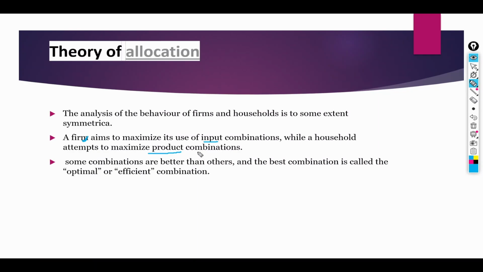Okay, in a given set of things, you put a lot of stuff to satisfy. Now some combinations are better than others, and the best combination is known as the optimal or efficient combination. So optimal utilization of resources, optimal utilization of money, the optimal utilization of the household income that he has. He is going to utilize it to its maximum by selecting the products.